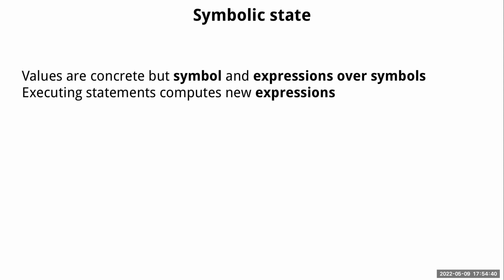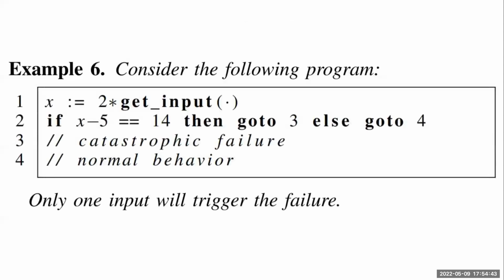So the good thing about this is we're not going to have concrete values. Instead, we have symbols, so we can execute on those symbols, and we only concretize when we need to.